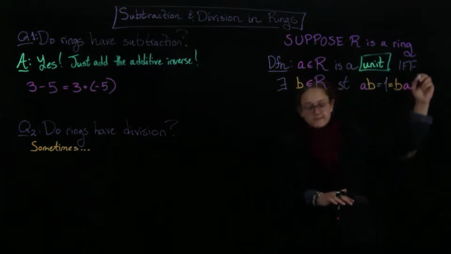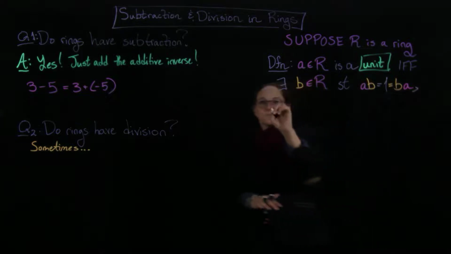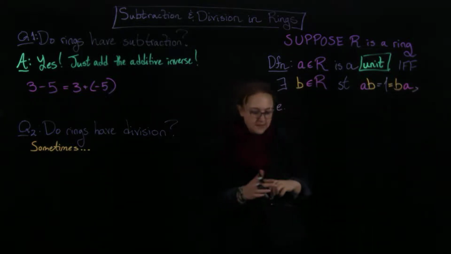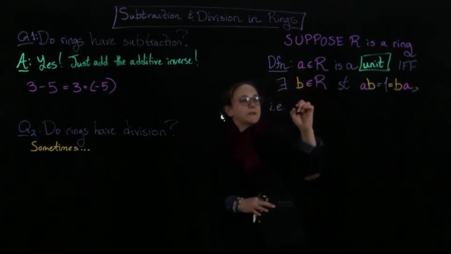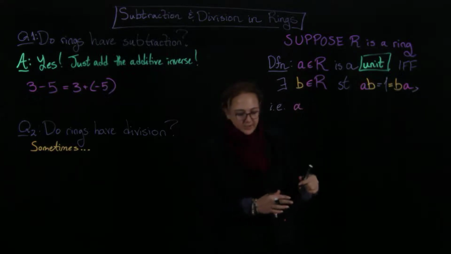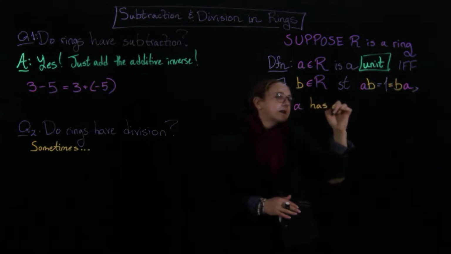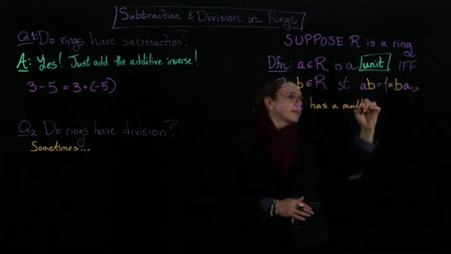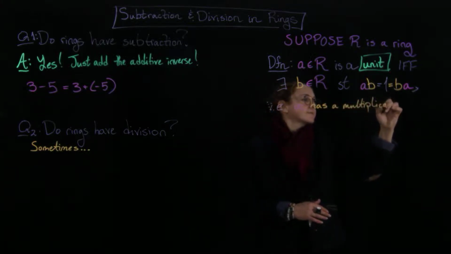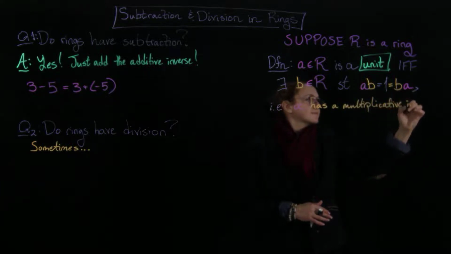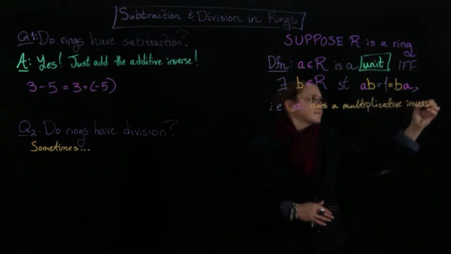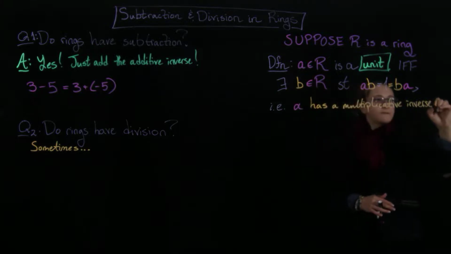In other words, our element a that we want to be a unit has a multiplicative inverse in R.